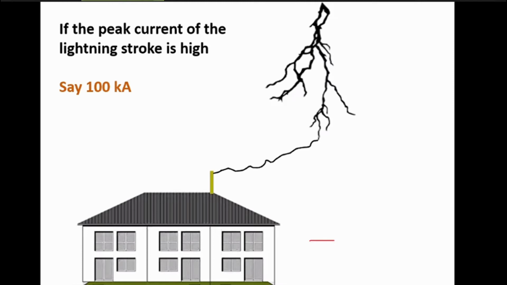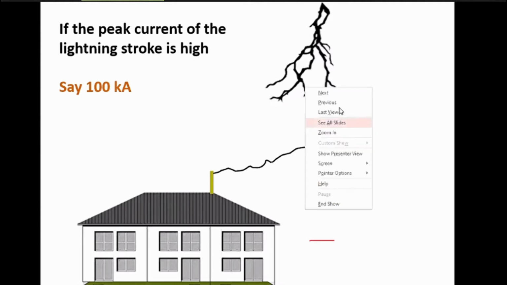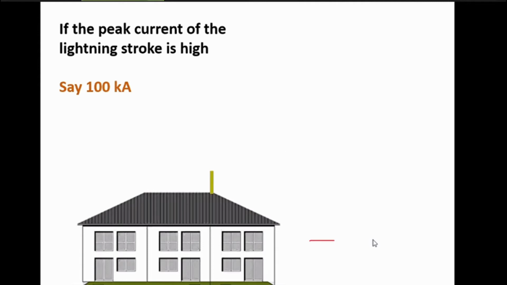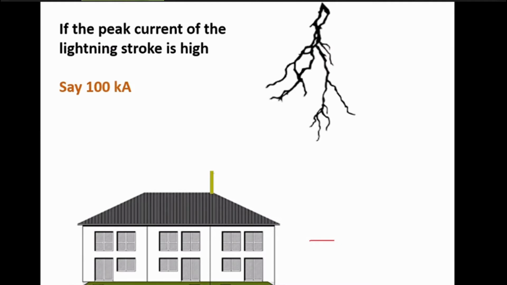Therefore, when the lightning step leader is approaching the building, at a very early stage our air termination system will send the answering leader, so that it is much easier for the lightning to get attached to the air termination. Let me show you that again.